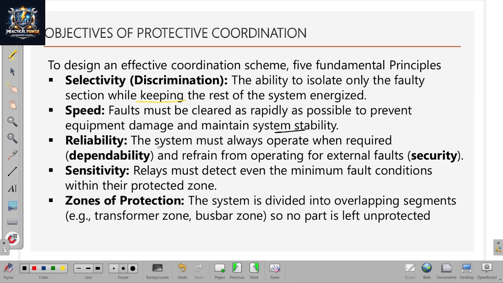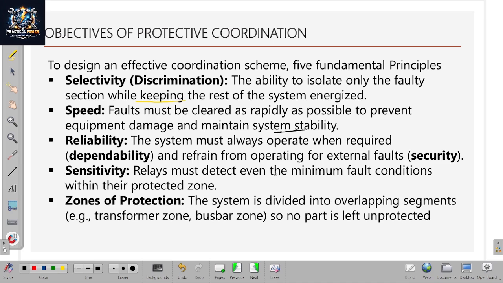The third point is dependability. The system must always operate when required and refrain from operating for external faults. Then the next point is sensitivity.